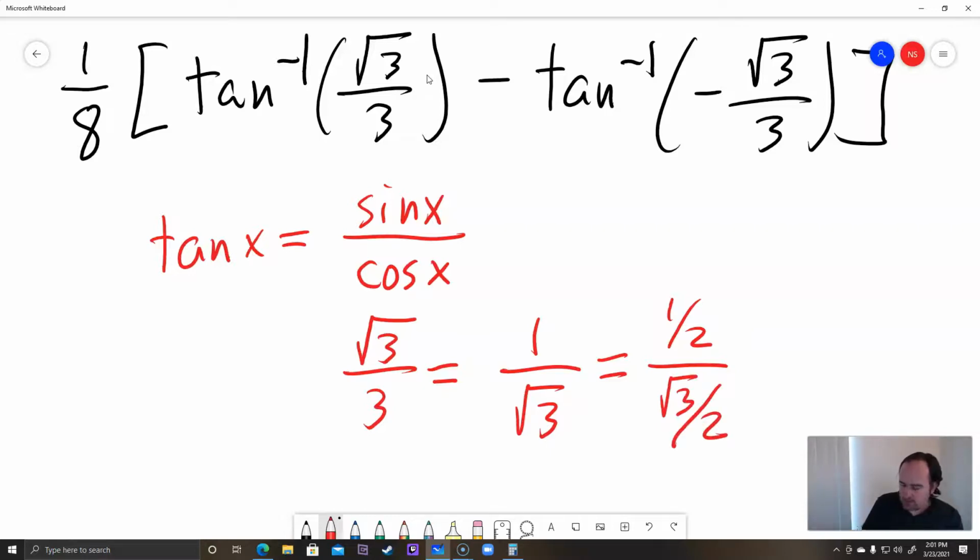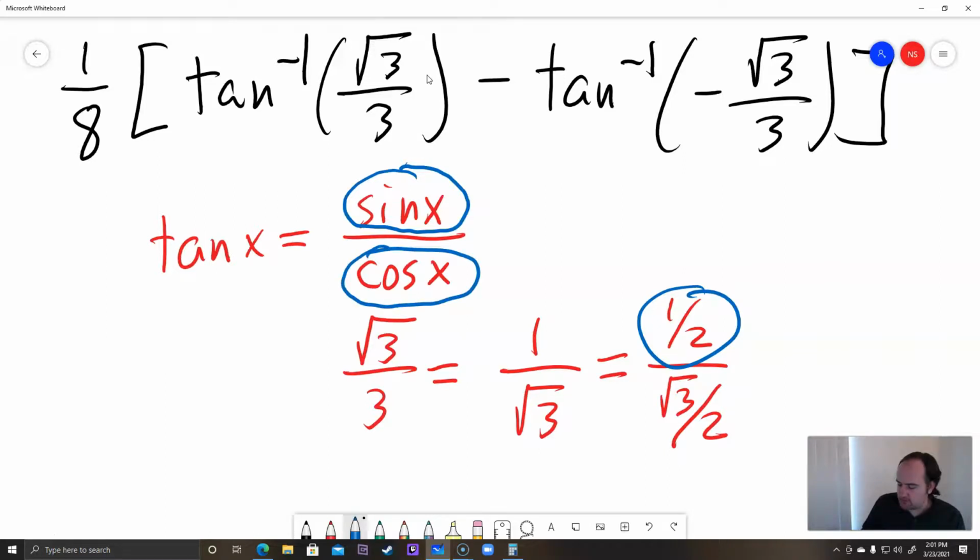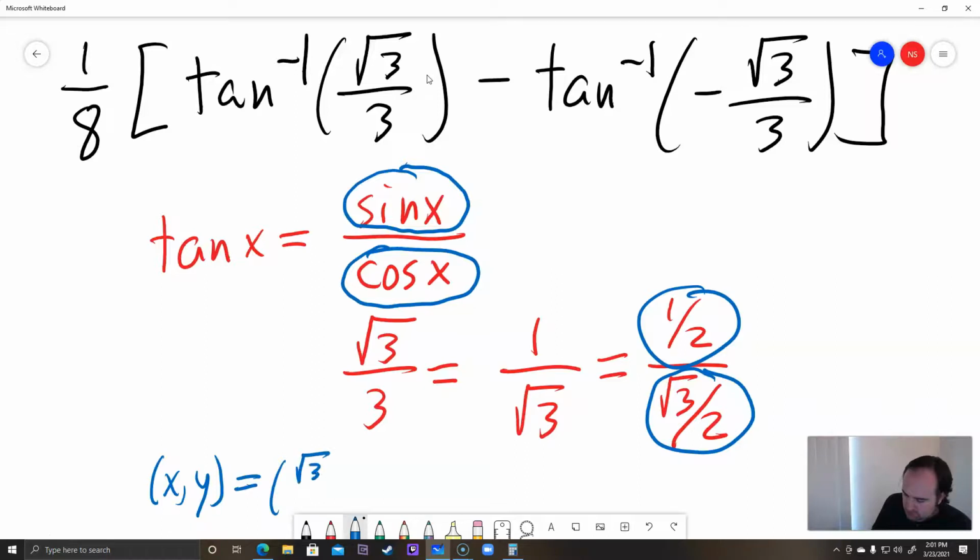So what that means is that sine of x is the numerator, which is the same as your y-coordinate, is going to be 1/2. And then the denominator, which is the same as your x-coordinate on the unit circle, is going to be root 3 over 2. So on your unit circle, x comma y equals, x is going to be root 3 over 2, and y is going to be 1/2.